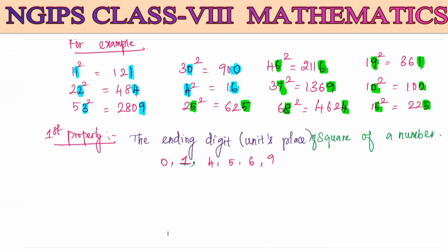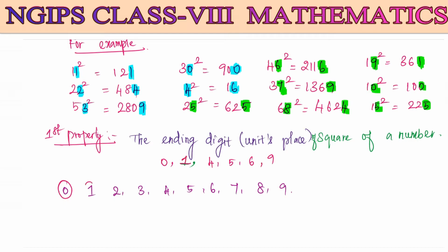Now if you check the digits from 0 to 9: 0, 1, 2, 3, 4, 5, 6, 7, 8, 9. These are the digits we have in the number system.